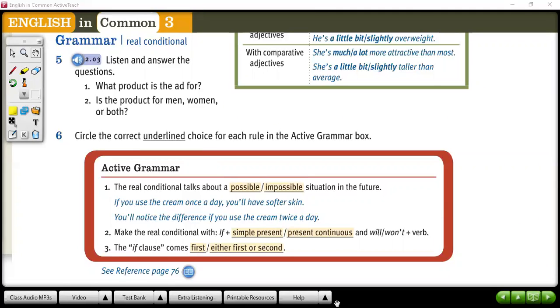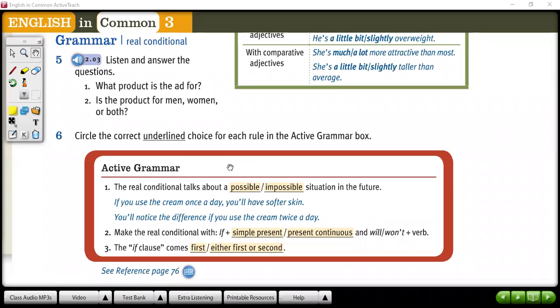Okay, so I can see here, that's why you have this in your books. Obviously, before doing the practices, you're going to listen and answer the questions.